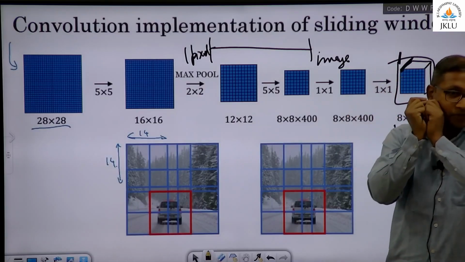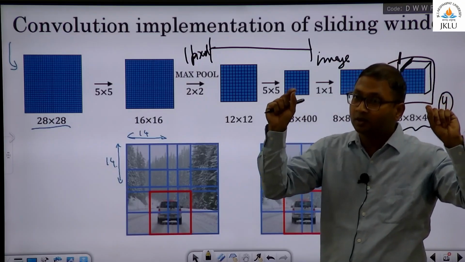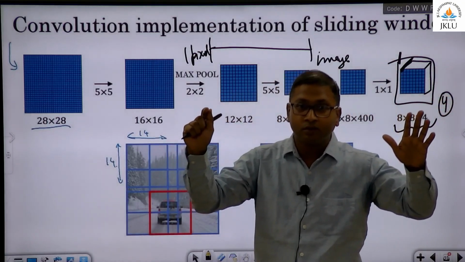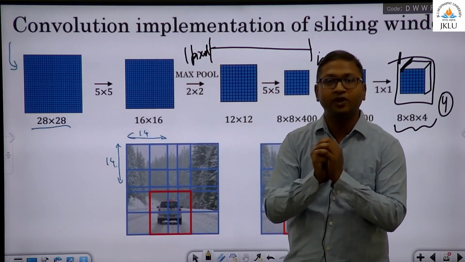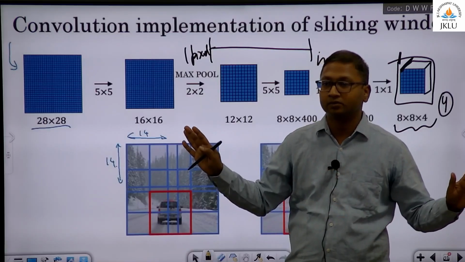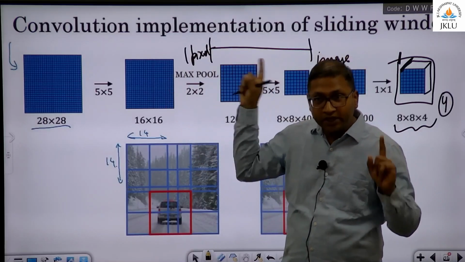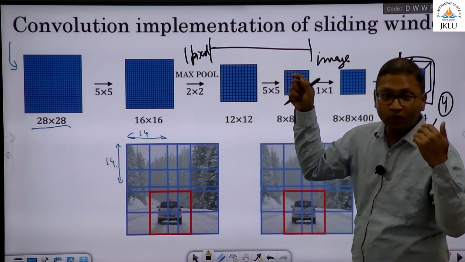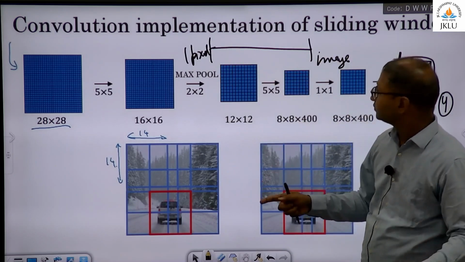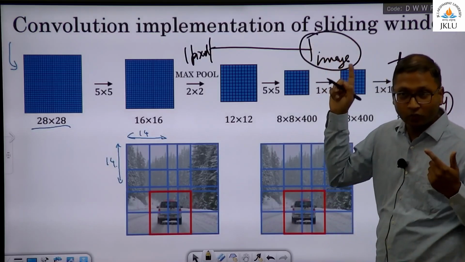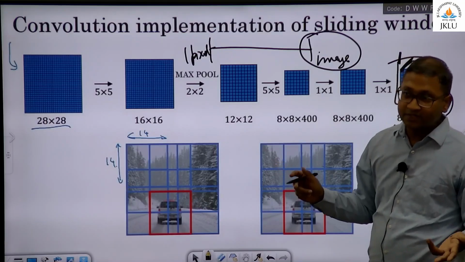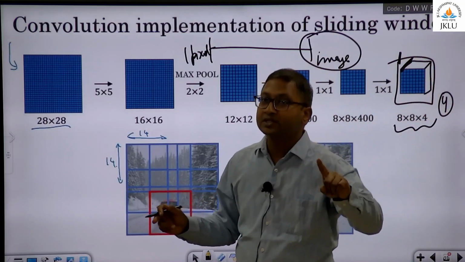No, because there is absolutely nothing common between two windows. So whether you do it individually or in a convolution fashion, it will not matter. It will only help you if there is more and more overlap. But if the window size covers the whole image, then basically you are just doing classification.